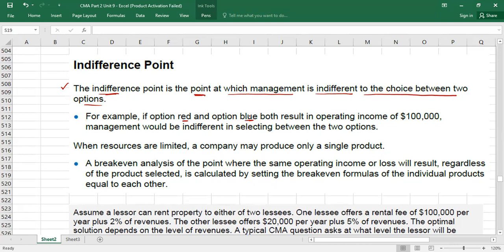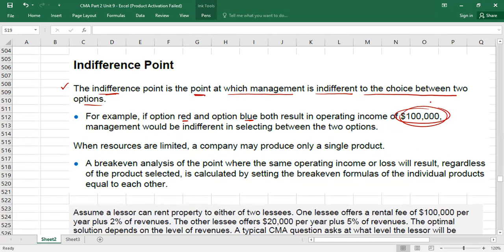There you can also invest. Both result in an operating income of 100,000. If you invest in the stock of company A or in any project A or project B, both projects give you the same operating profit and have the same cost structure also.